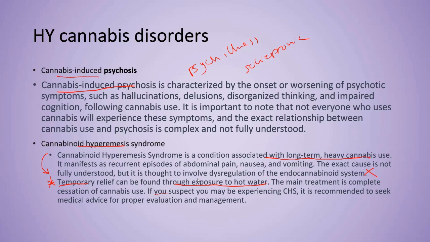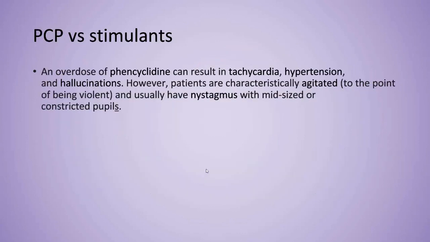Okay, PCP versus stimulants. For PCP, I want you guys to remember that it can also cause hypertension and tachycardia. One important thing you need to know is that patients are characteristically agitated to the point of being violent. Technically they can be compatible with stimulants, but they have nystagmus with mid-sized or constricted pupils.